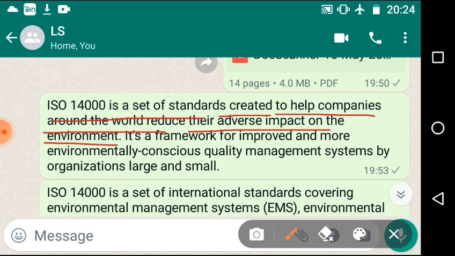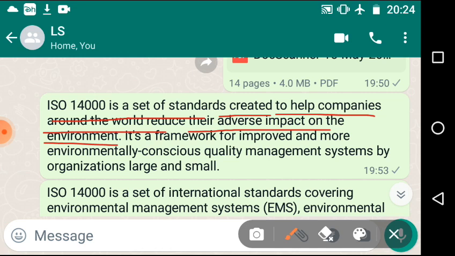Okay, so normally environmental standards can be stated as administrative regulations or some civil laws or rules that are being implemented for the treatment and maintenance of the environment.